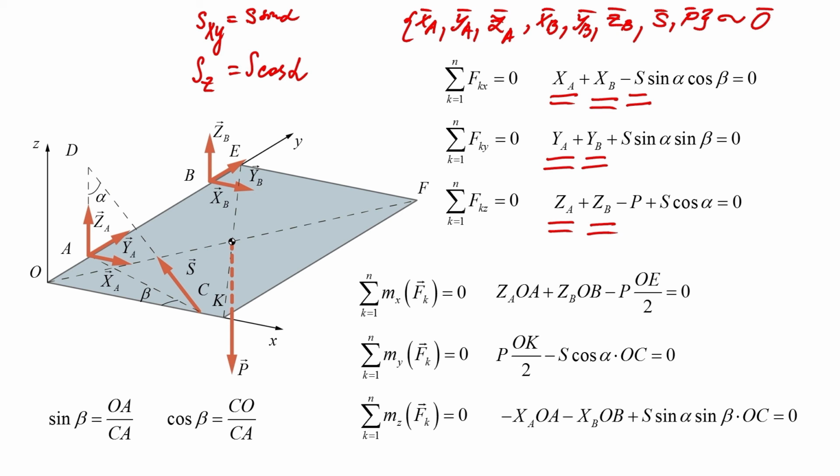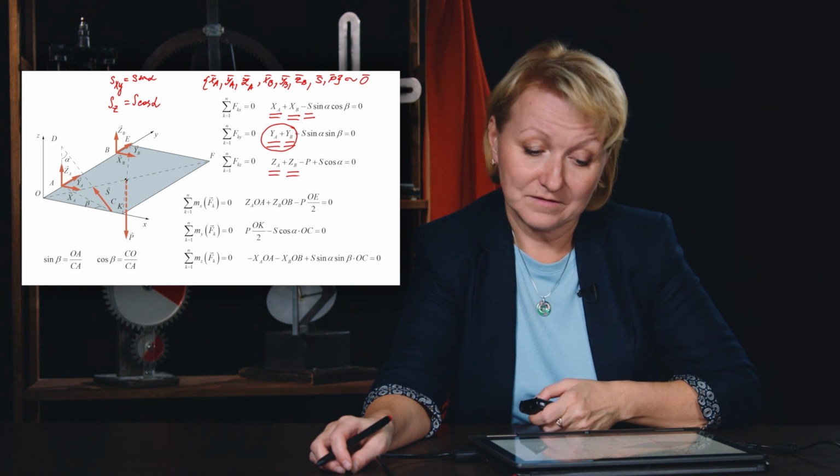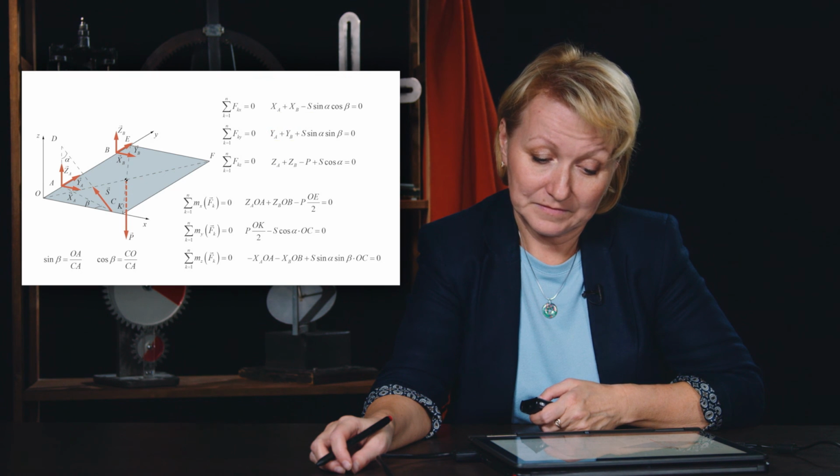This problem is statically indeterminate. To render the problem statically determinate, let us find the resultant reaction along the axis Y. Substituting the numerical values, we thus find the unknowns.